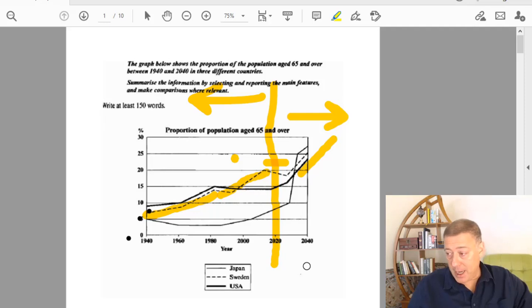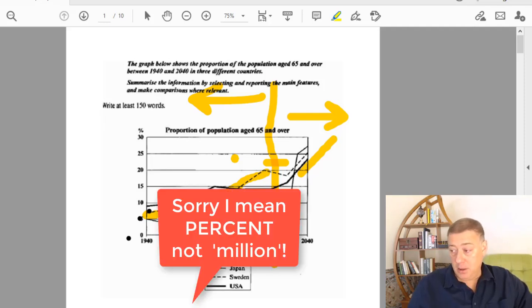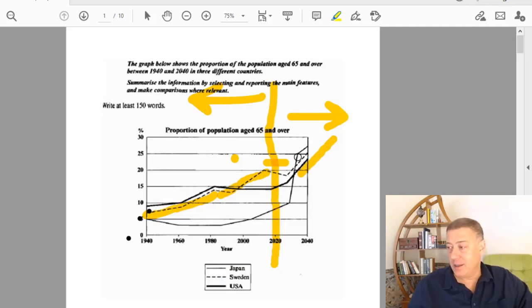So Japan is expected to rapidly increase from 10 million in around 2030 up to 25 million in approximately 2032, something like that, at which point it will be the country with the highest proportion of its population 65 and over. So that's worth mentioning, where this cross is. So Japan started out in the lowest and it ends up in the highest. That's something you can mention as a specific detail, and you could include that in your overview.